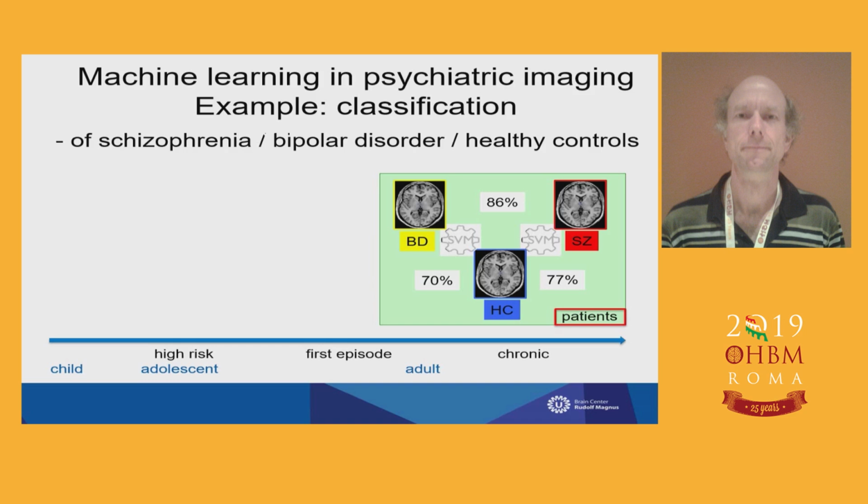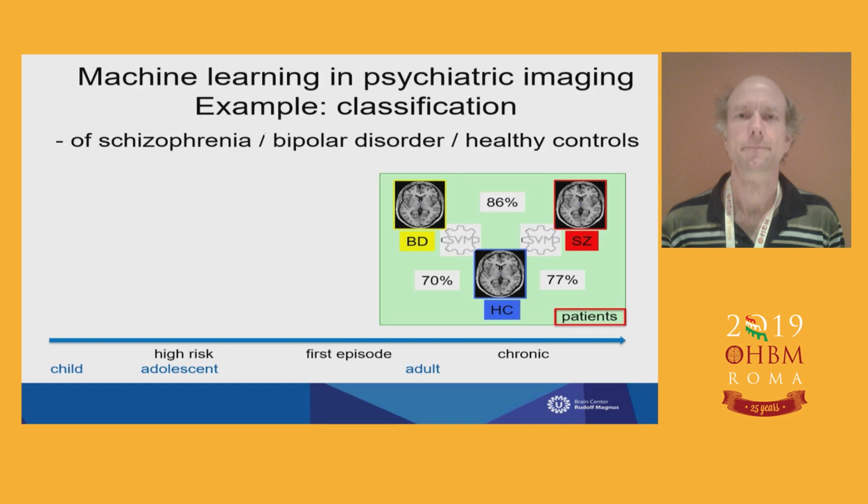And it's important to realize that this is done in chronic patients, adults who have been ill for quite some time. While it would be more clinically relevant if you could do this in first episode patients who haven't been ill that long.